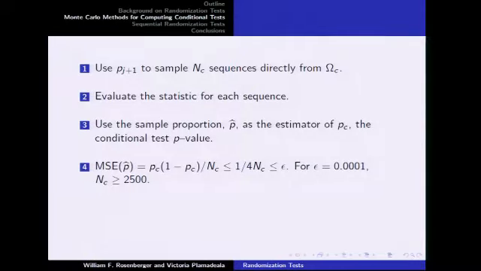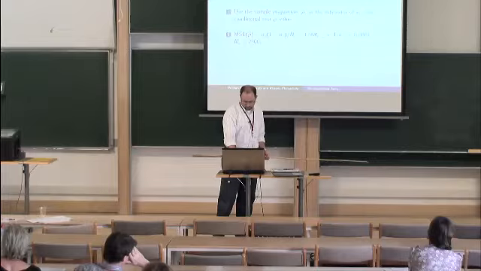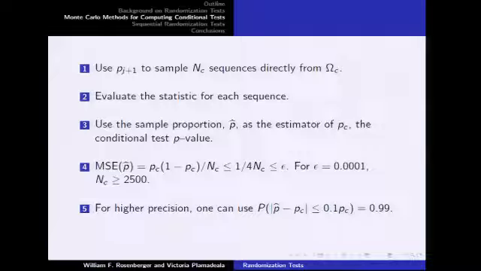perhaps bound the MSE of p hat according to some epsilon bound, and if it's 0.0001, then you'd have 2,500 sequences. That's probably not a really good, very tight bound on the MSE of a p-value, which is small anyway. So you could do something for higher precision.